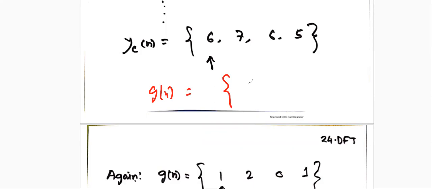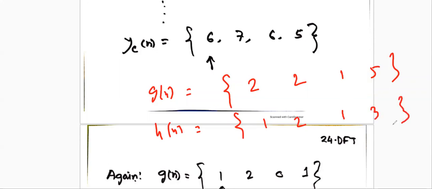Let's say I'm just giving some numbers: 2, 2, 1, 5. And hn is equal to 1, 2, 1, 3. Let's say it starts with 0 and it starts with 0. The linear convolution with the help of circular convolution, that is our target.